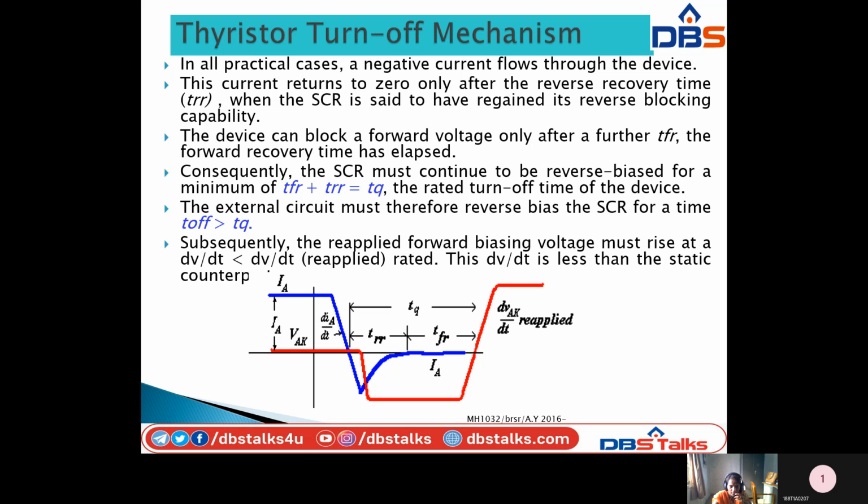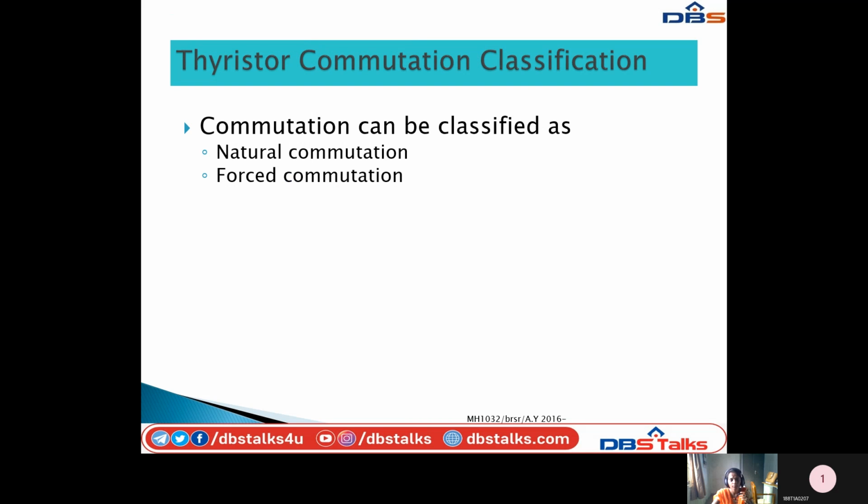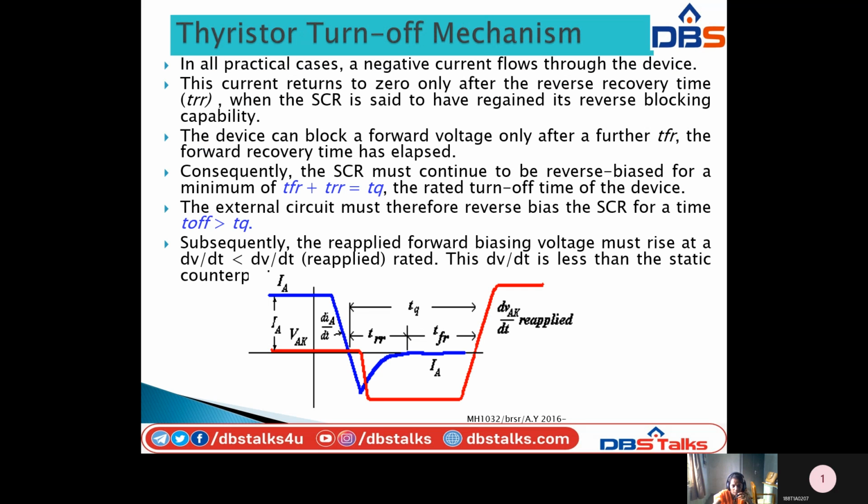Subsequently, the reapplied forward biasing voltage must rise at a dv/dt less than or equal to the rated dv/dt. Here we have a diagram of the thyristor turn-off. At first the current is at a high value. When the current goes to zero, the reverse recovery begins and the reverse blocking region appears, where the reverse leakage current flows.